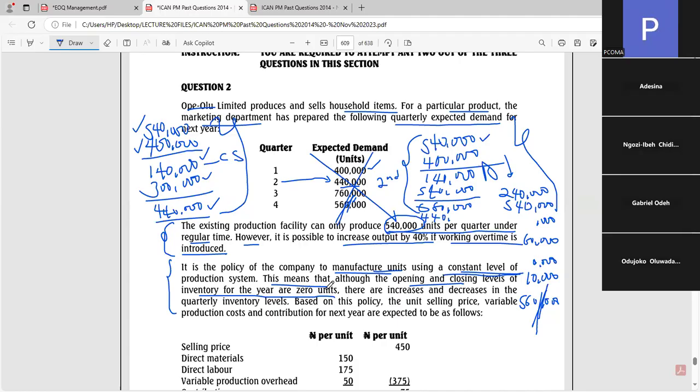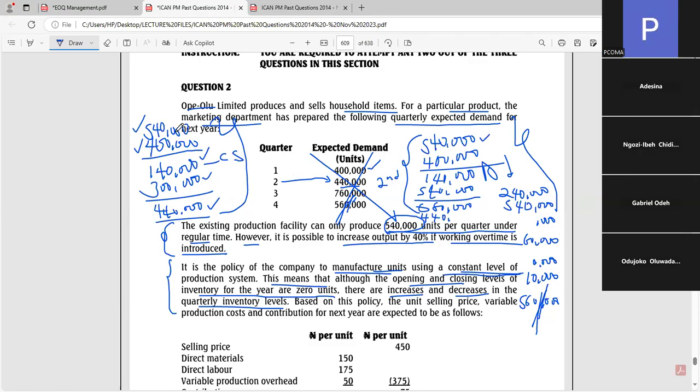So that's what this question is trying to tell you: although the opening and closing inventory for the year is 0, there are increases and decreases in the quarterly inventory levels. That means we have opening and closing inventory in quarterly levels, but at a yearly level, there's no opening and closing inventory. Please understand that.